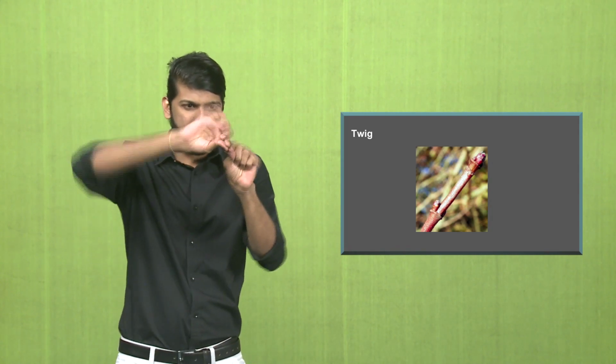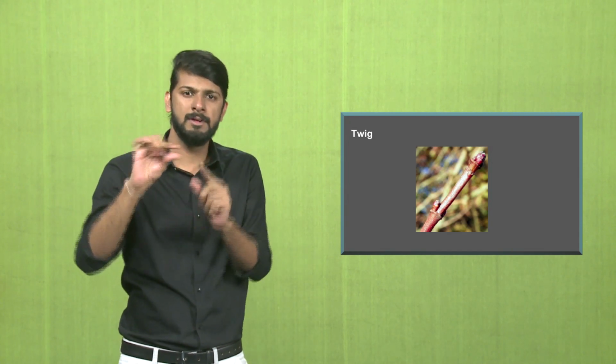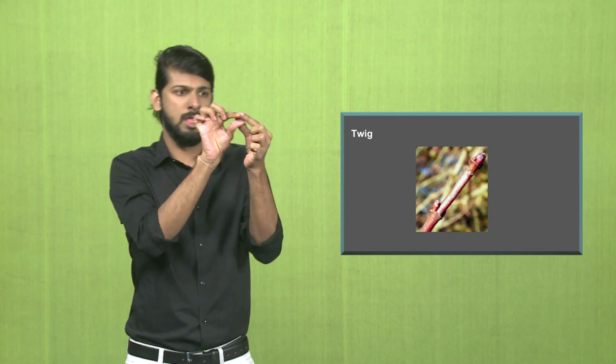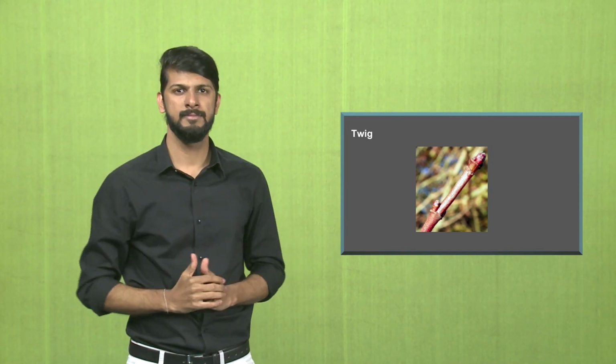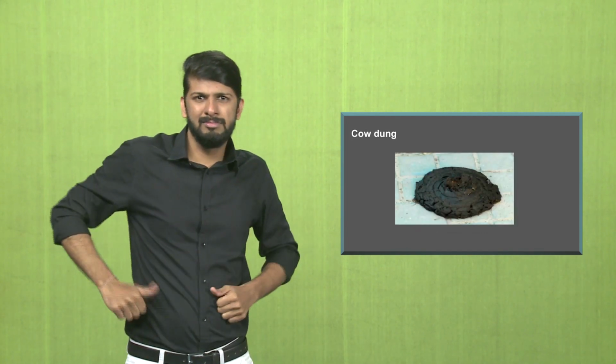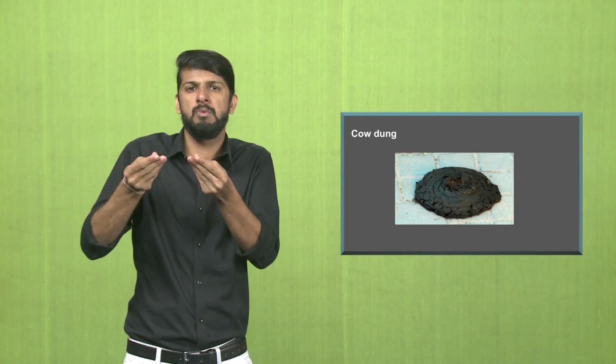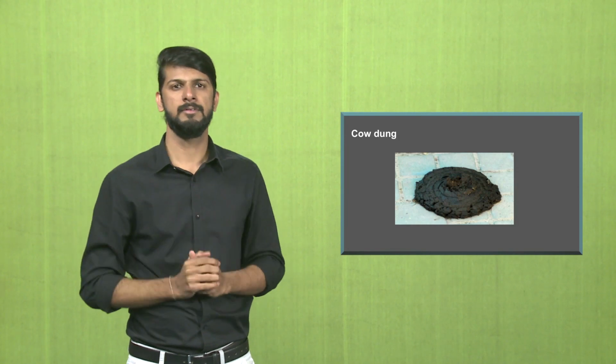Twig. The twig is used by tying a piece of cloth at the end and used as a brush. Cow dung, which is also used as color, giving green color.